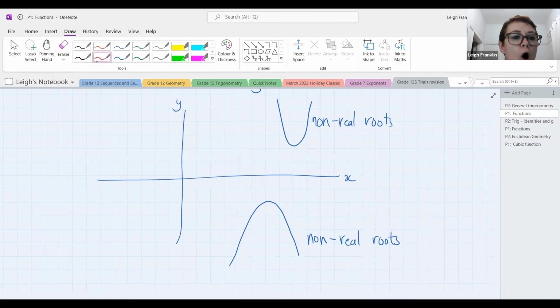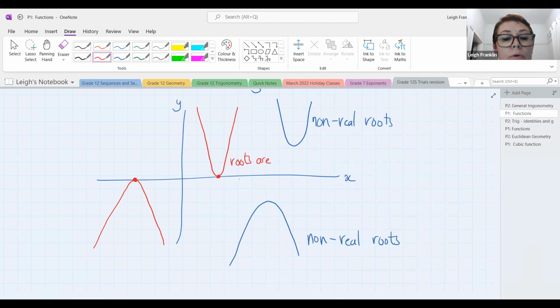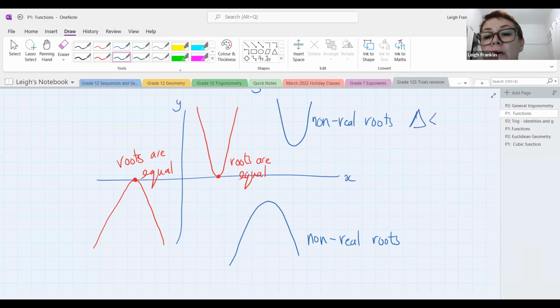When roots are equal, the parabola has a turning point on the x-axis. So the roots are real now, but they're real and equal. So here we would say roots are equal. So in the case of roots are non-real, here the value of delta is negative.